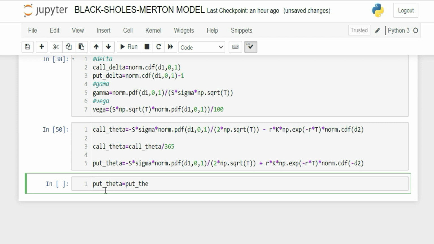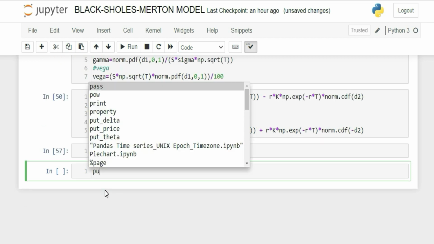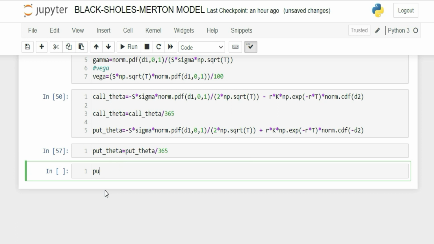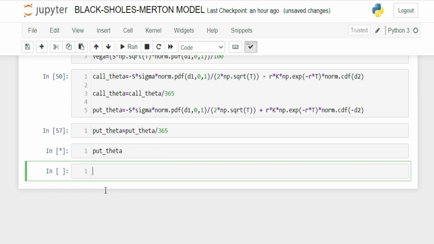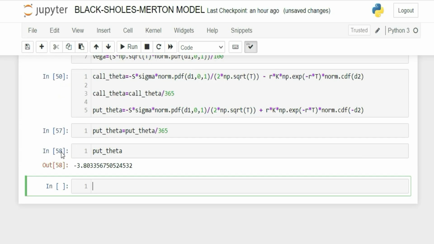So the put theta is divided by 365, minus 3.80. So we got the call theta, we got the put theta.